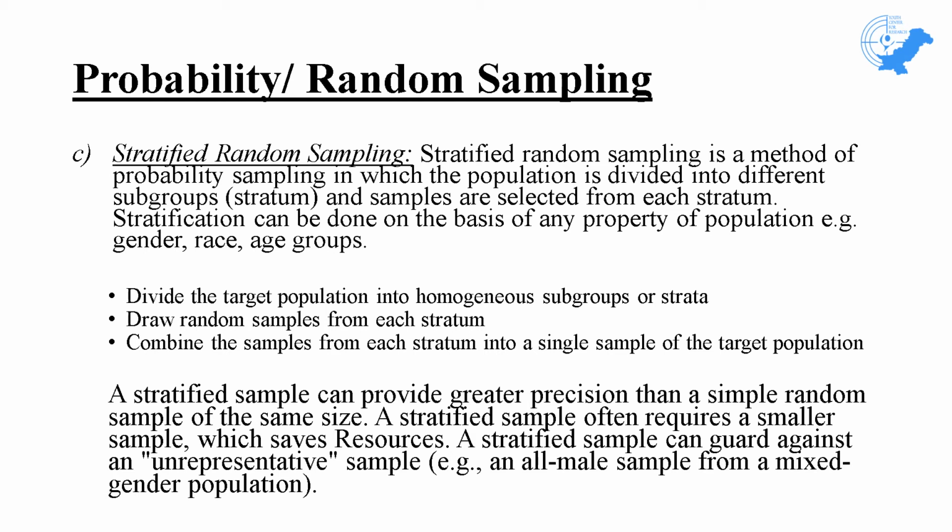For example, you have research data and you divide them on the basis of age group, like 18 to 24, 25 to 30, 31 to 35 and multiple age groups, and you determine to take an equal number of participants from each group. So this is known as stratified random sampling.